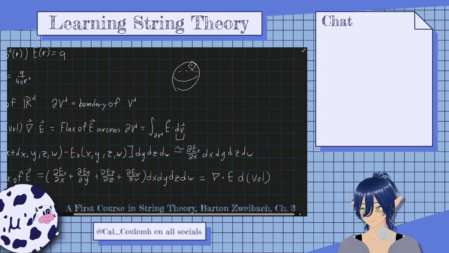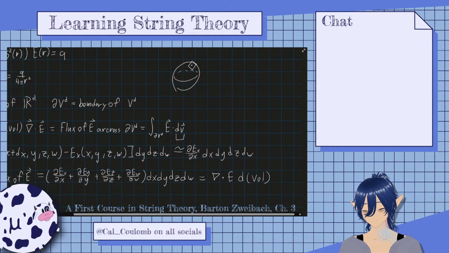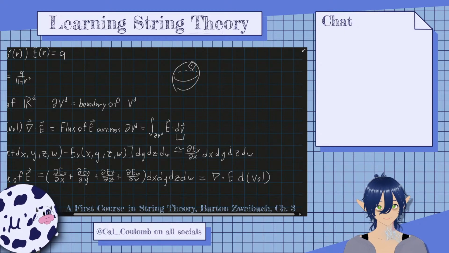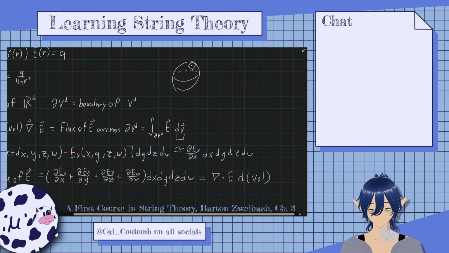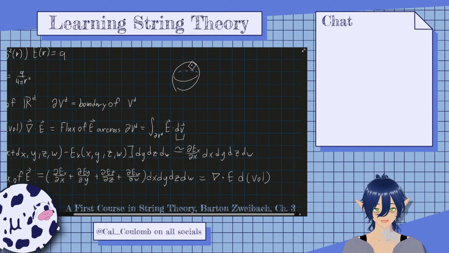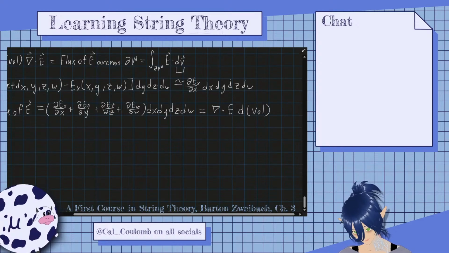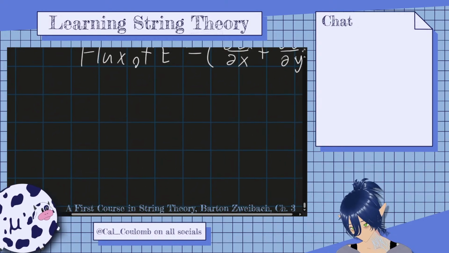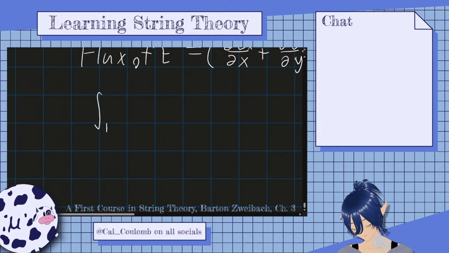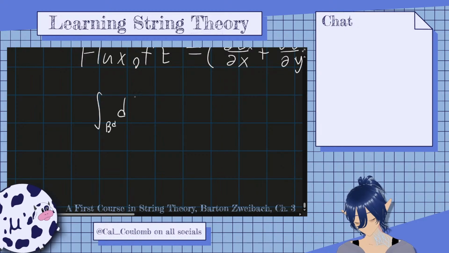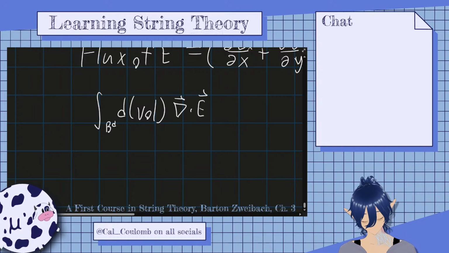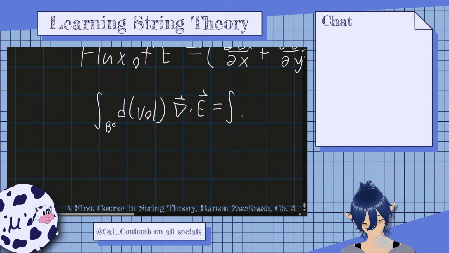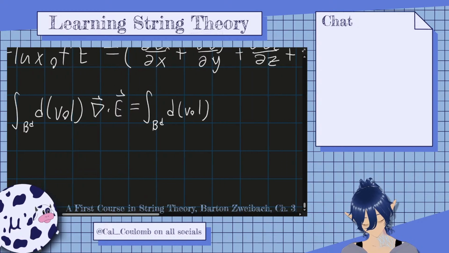The ball B, whose boundary is S^(d-1) of r. Again, we integrate both sides of the equation over the ball B. So here we have the volume integral of the divergence of E is equal to the integral over B of d volume rho.